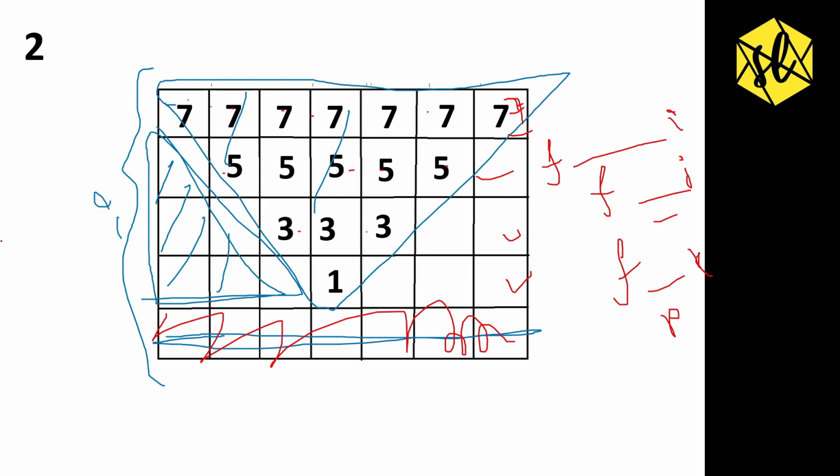So let us see. First we have the height, which we have counted as 4. Then we have the width, which in the first line is 7, in the second line it is 5. Now you can see there is a common thing, or you can say a basic logic behind this pattern, which we have to understand here.